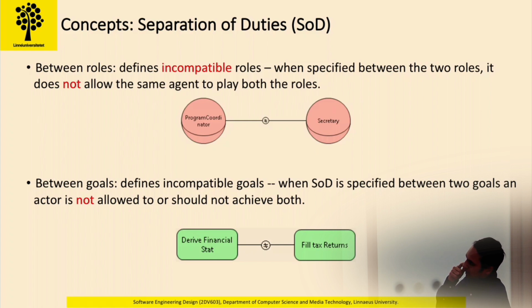For example, program coordinator is not the same as secretary, and if there are two secretaries, like Anna or Mary, they cannot play the same role of secretary. This can be between roles, between agents, and even between goals. When it is between goals, that means you are not allowed to achieve both of these goals at the same time.